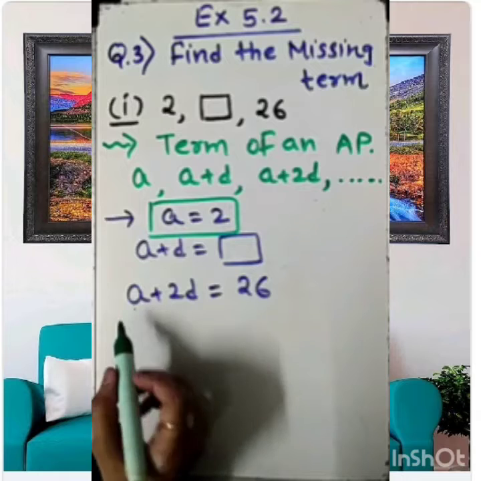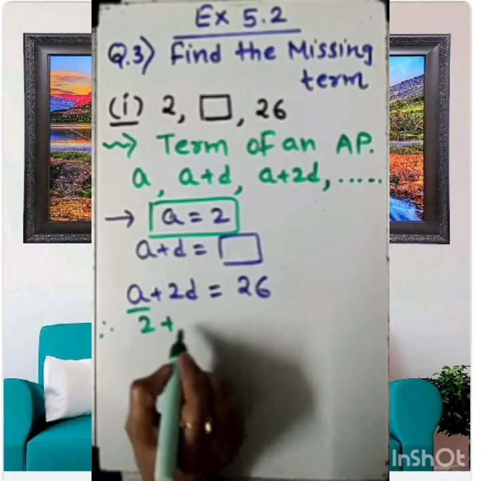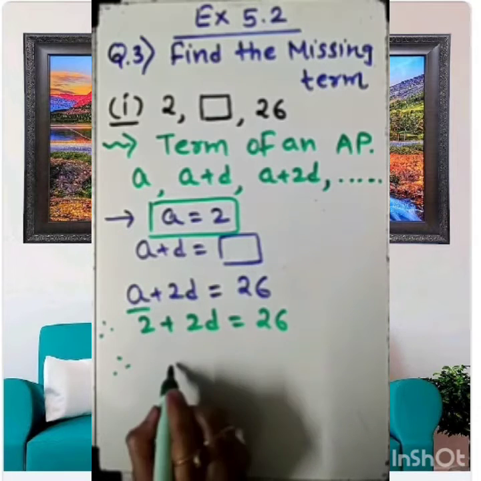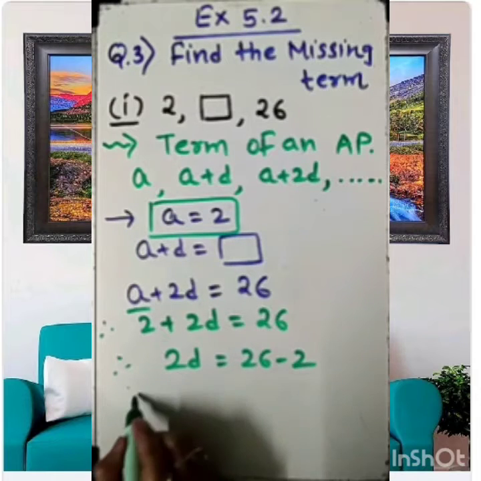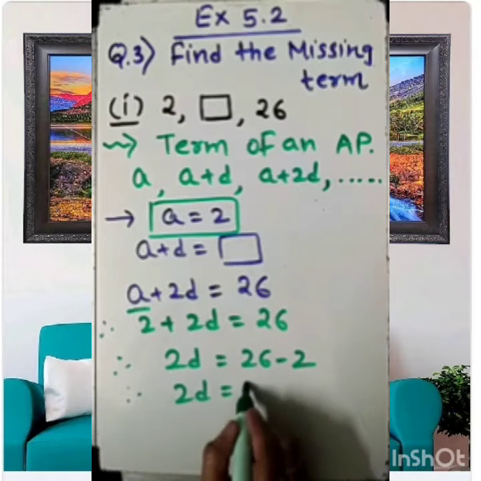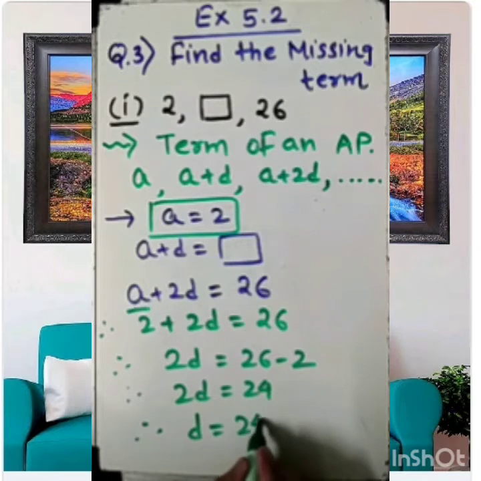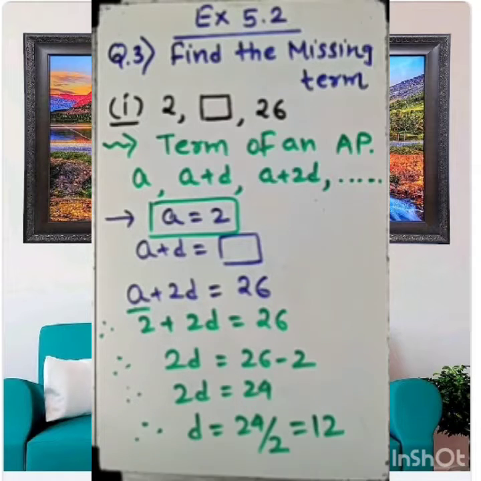In place of a, I write 2, so 2 plus 2d equals 26. Therefore, 2d equals 26 minus 2, so 2d equals 24. Therefore, the difference is 24 divided by 2, that is 12. So through this simplification we have d equal to 12.